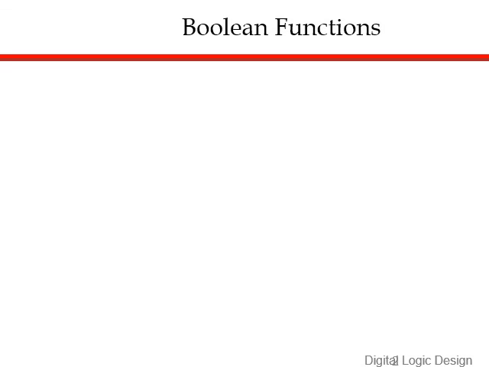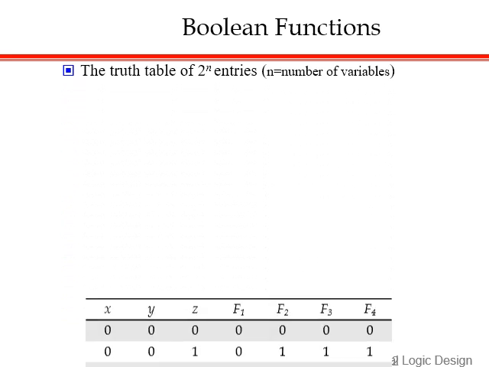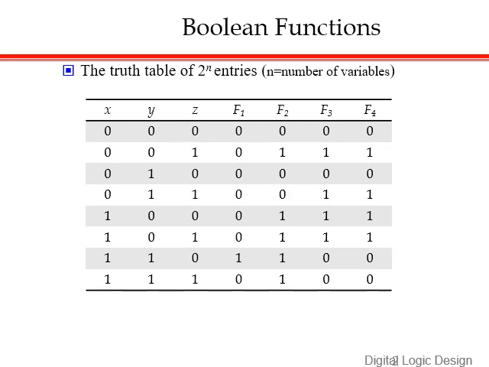These combinations can be 0 0 0, 0 0 1, up to 1 1 1. So these are the possible combinations of x, y, and z, and you can see these are the values of functions f1, f2, f3, and f4 for each of these combinations.